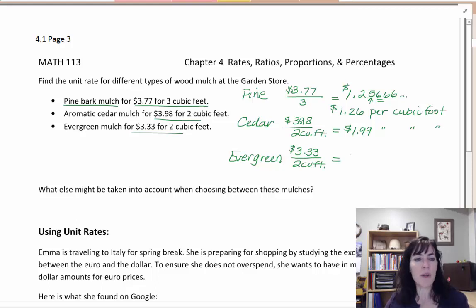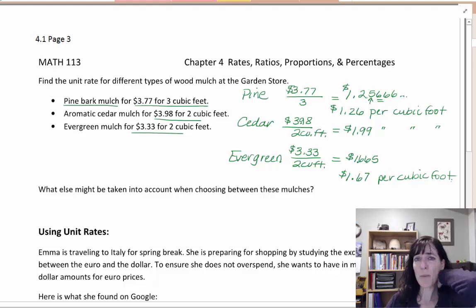And when we divide that one out, 3.33 divided by 2, I get 1665, and there was a decimal place there, so that becomes $1.67 per cubic foot. So which one is cheaper or less expensive?